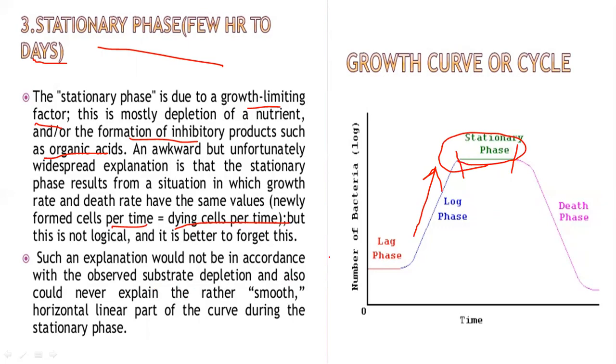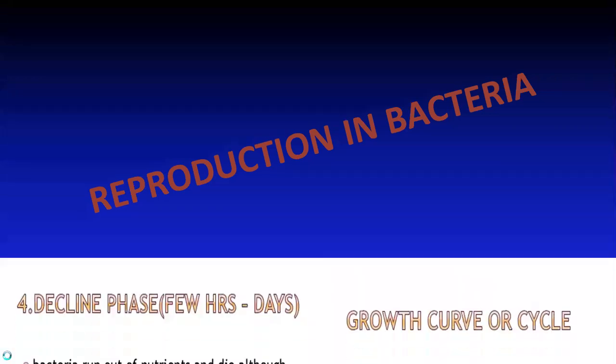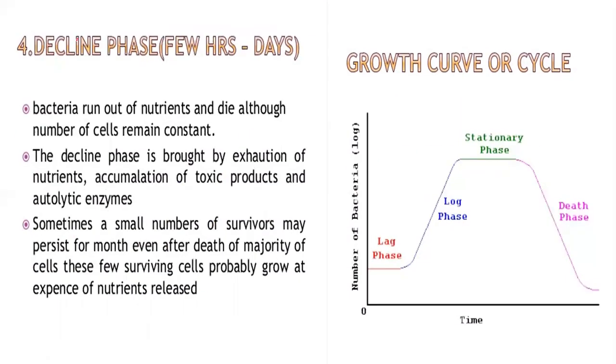If the substrate is depleting continuously, here we can see the final decline phase. It can last a few hours to a few days. We can call it the death phase, in which all types of nutrients are depleted, and the cells are continuously decreasing, which means the cells are dying.